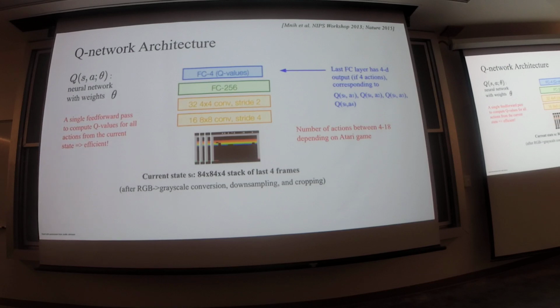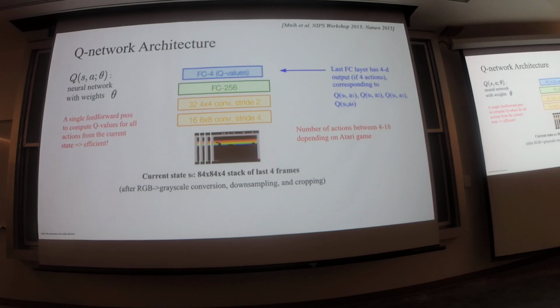Other questions? Yeah. So basically that one, Q of state 1 and an action, is saying you do that action, then you have a new set of actions available, and you keep on doing that. Is that correct? I'm not sure I understood.